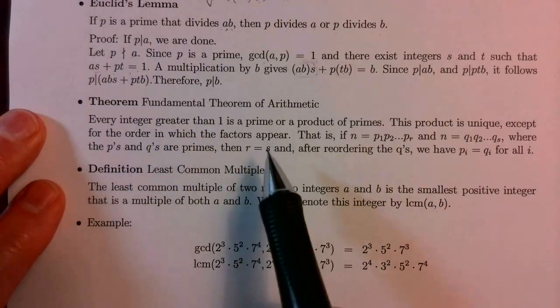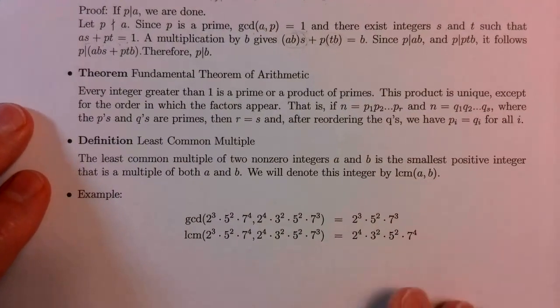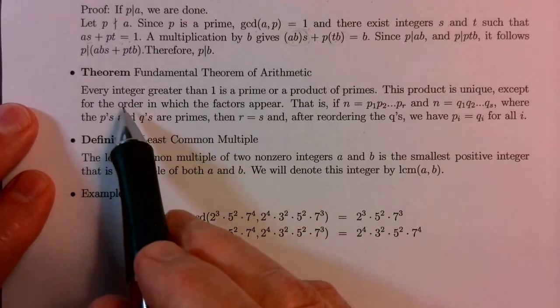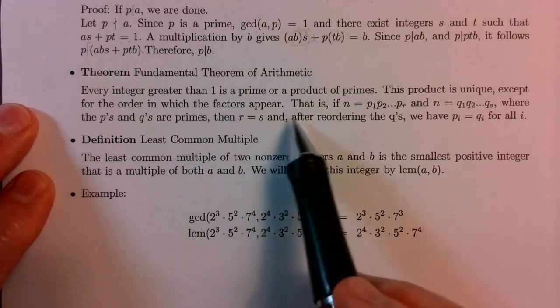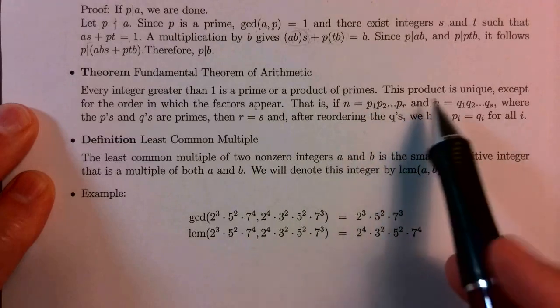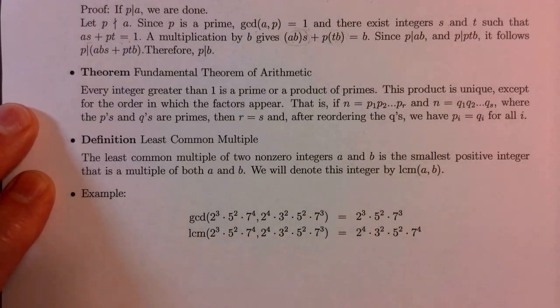Theorem, the fundamental theorem of arithmetic. Every integer greater than 1 is a prime or a product of primes. This product is unique except for the order in which the factors appear.